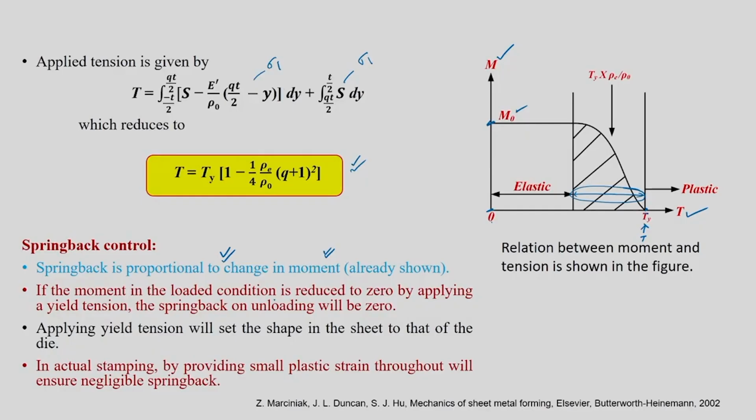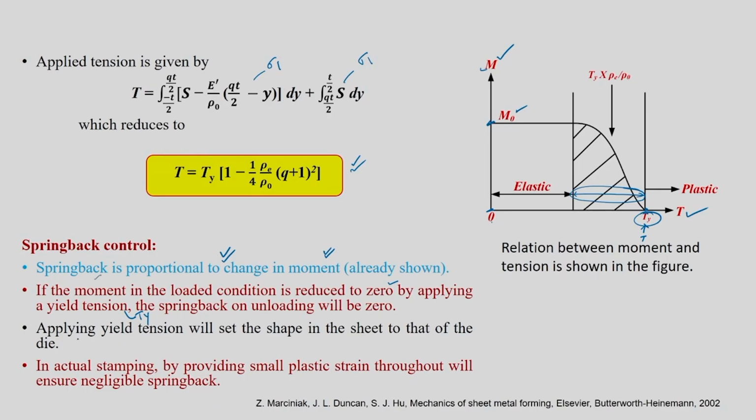If the moment in the loaded condition is reduced to 0 by applying yield tension Ty, the spring back on unloading would be 0, because the change in moment is not there at all. So, spring back will come down proportionally.